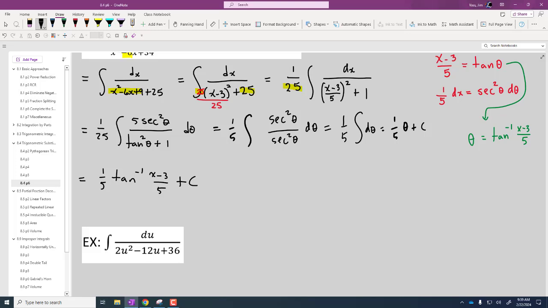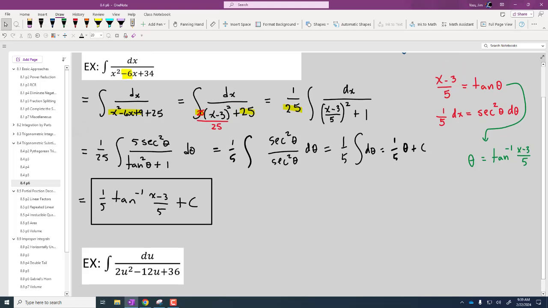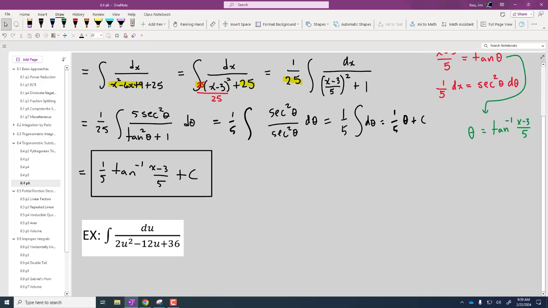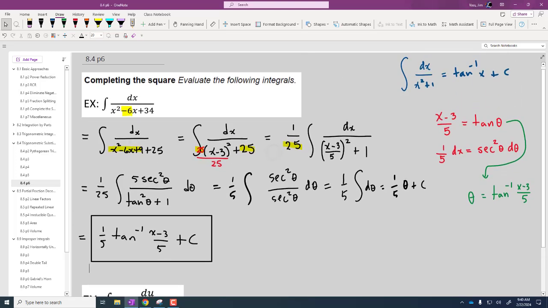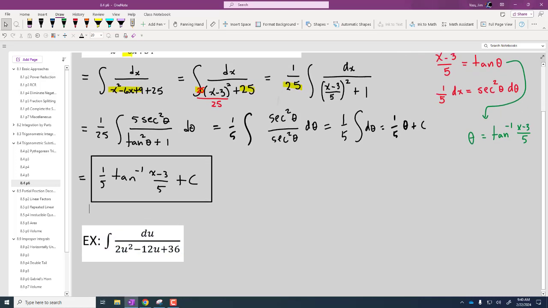So now let's confirm, if we did recognize that we had a shortcut option, that we are getting the same thing. It's at this stage right here where we could recognize that, oh gosh, it's in inverse tangent form. It's a sum of squares with no power, right?